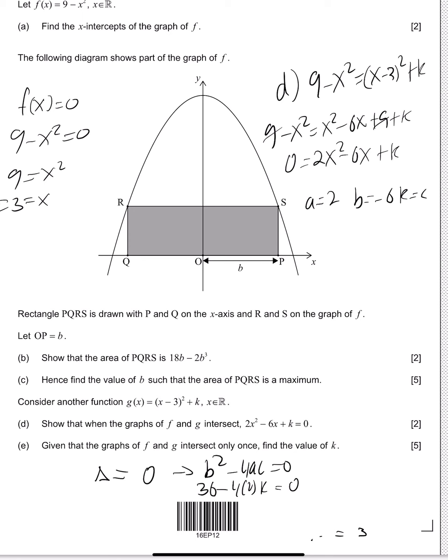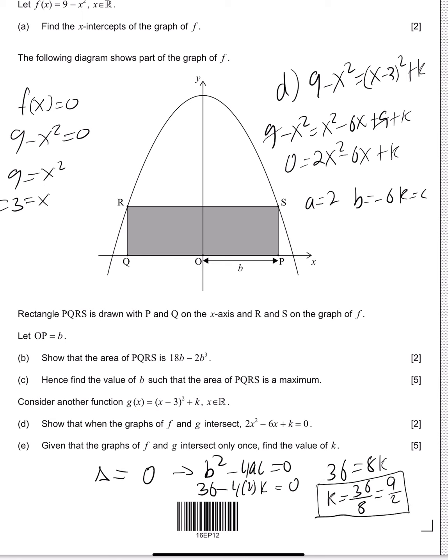So 36 minus 8k equals 0. 36 equals 8k, and k is equal to 36 over 8, and we can divide that by 4, so 9 over 2. Our final value for k is 9 halves.